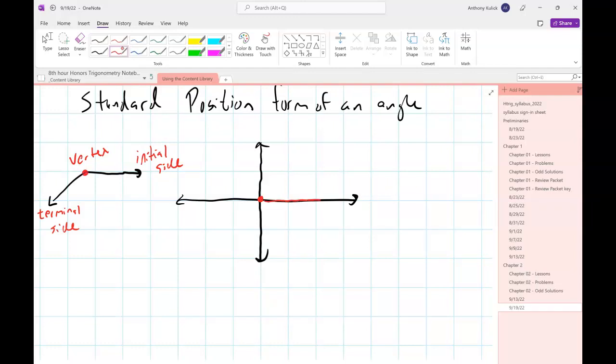The initial side is on the positive x-axis. And then the terminal side will be wherever it lies. That looks terrible. Everybody's okay there? And to measure our angles, we're going to imagine rotating our terminal side, starting at the initial side, counterclockwise to its location.